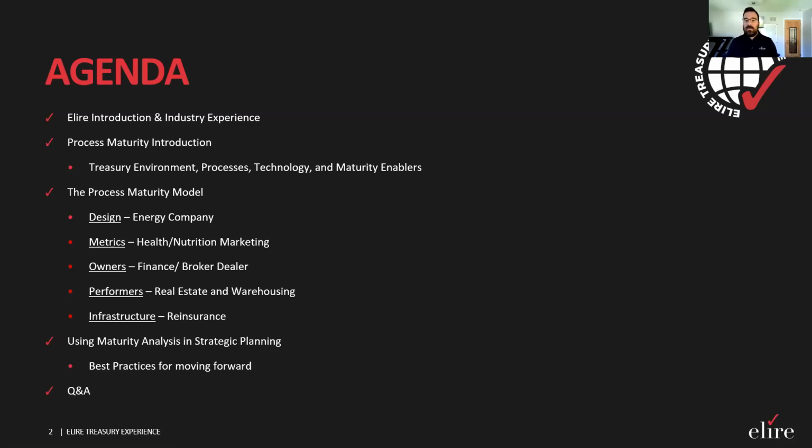Then I'll dive into the process maturity model and the enablers that drive process maturity. To do this, I've tried to find a use case to identify with. These enablers include design, metrics, owners, performance, and infrastructure. Ultimately, we will end the session with how maturity analysis and strategic planning work together and the best practices for moving forward.